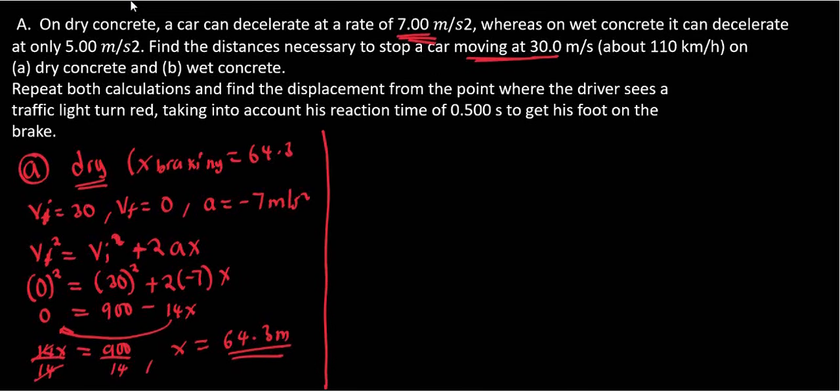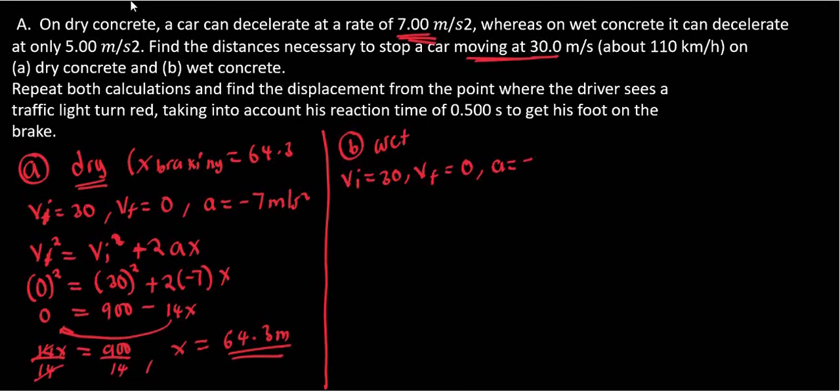Okay. Now the second one, they've said on the wet concrete. Since it is on the wet concrete, what is the data that you have? Initial velocity still remains 30. Final velocity is 0. How about our acceleration on the wet concrete?